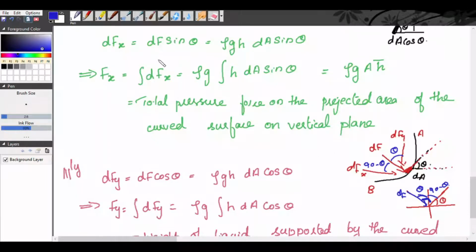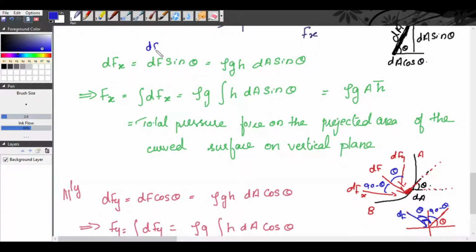So dFx is equal to dF cos(90 minus theta), which gives dF sin theta. Always when we resolve, we take the angle with respect to the horizontal axis. So it is dF cos(90 minus theta), which is dF sin theta.